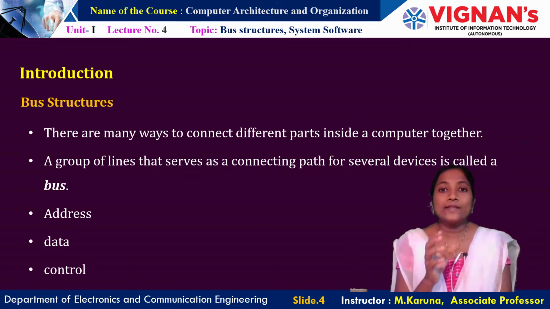Address bus carries the address bits of the data or instruction code. Data bus carries the data bits, that may be 8 bits, 16 bits, 32 bits or 64 bits. Now control signals. What are the control signals? IO read, IO write, memory read, memory write signals. So control bus carries these control signals.